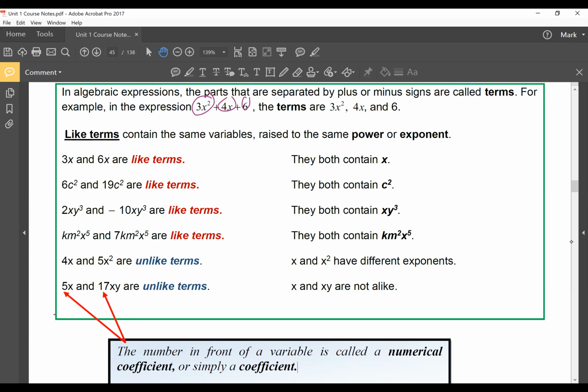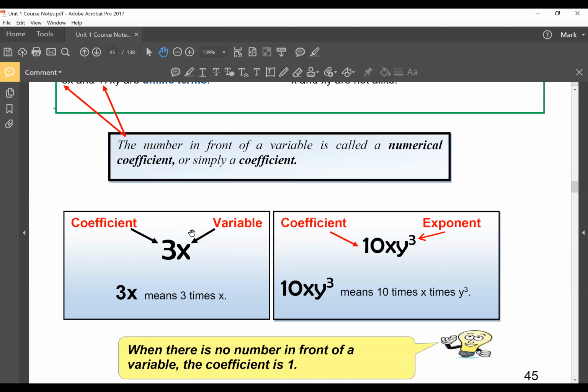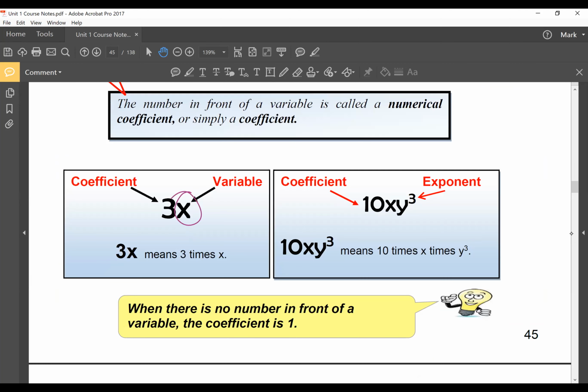It has to have the same variable and exponent. A variable would be like the x. The exponent would be what in communications you would call a superscript, a number raised up a little bit. Like terms have the same variable and exponent. The coefficient is allowed to be different.